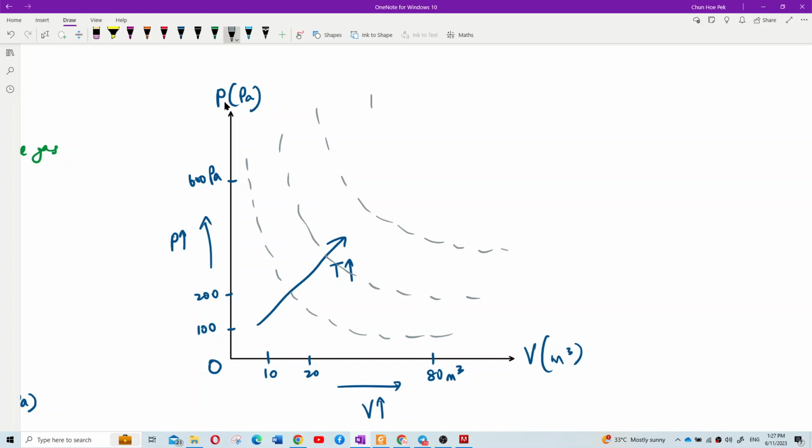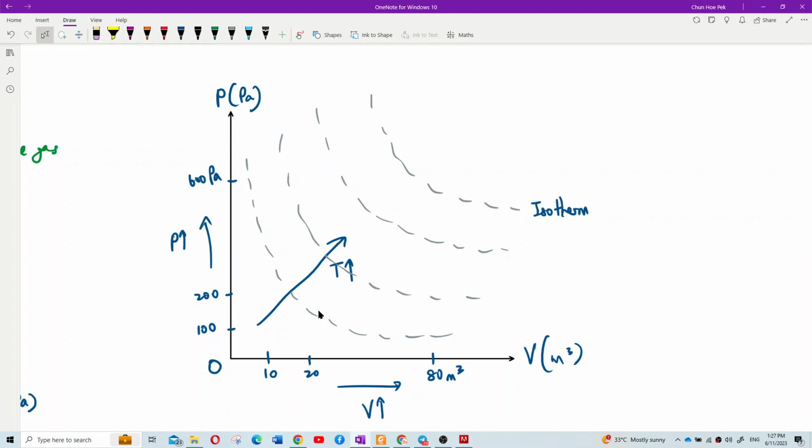Going away from the pressure-volume axis means temperature increases. This is what we call the isotherm line.